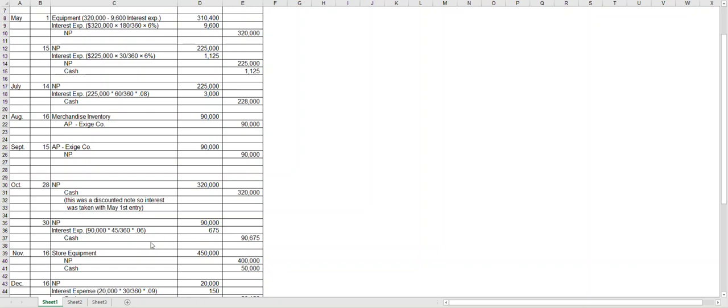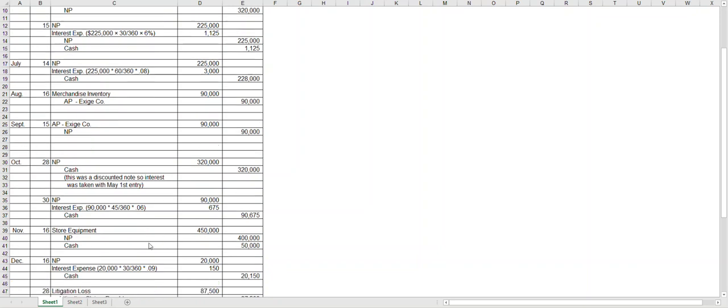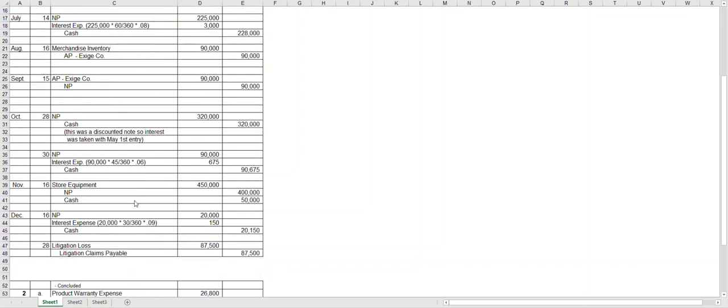Okay, you could also possibly take out a notes payable when you buy an item like store equipment and maybe pay part in cash. So this one is kind of tricky. You buy a piece of equipment for $450. Now you take out a series of $20,000 notes.